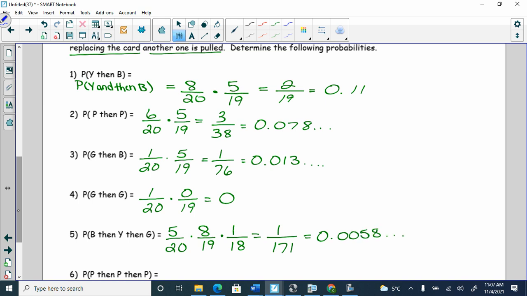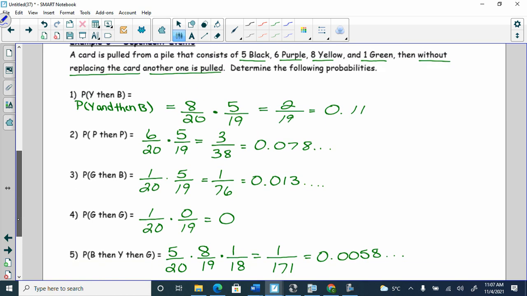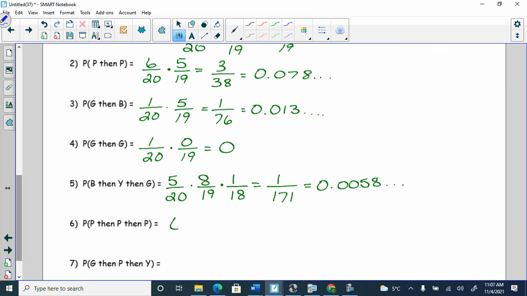Okay, then we have purple, purple, purple. So there are 6 out of 20, and then 5 out of 19, and then 4 out of 18. So what do we get? 1 out of 57, which is 0.0175.